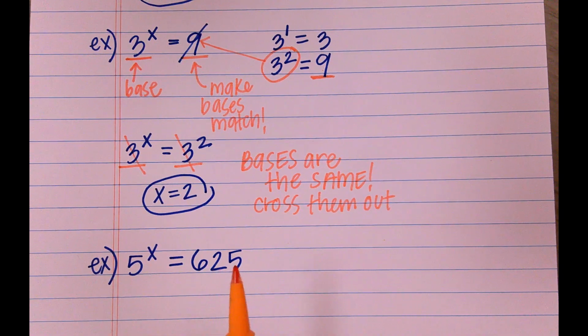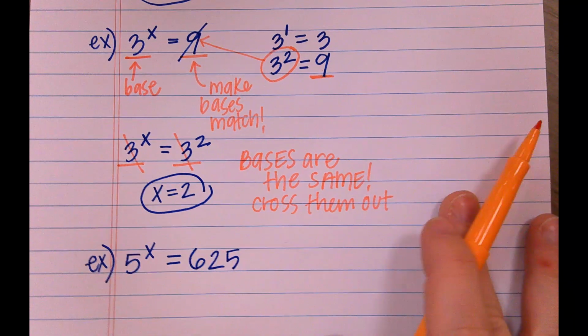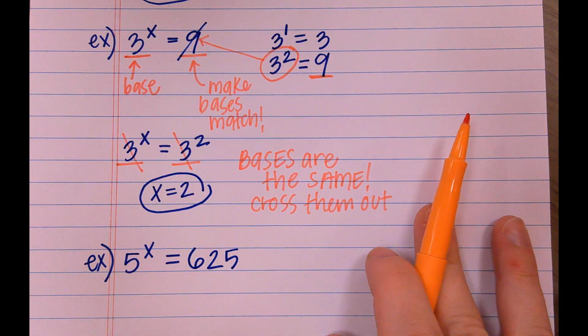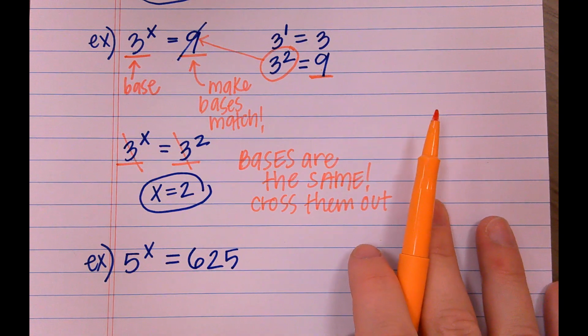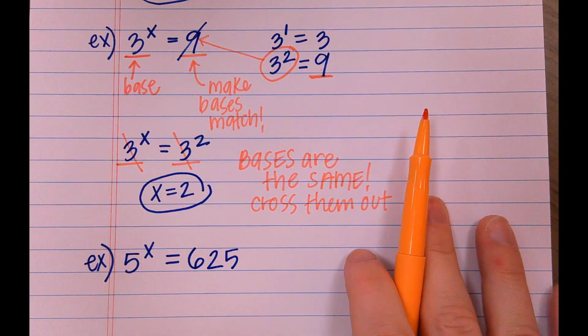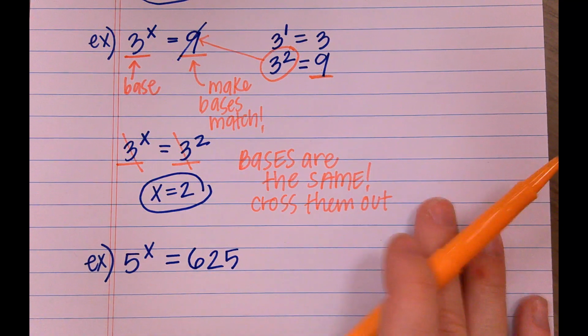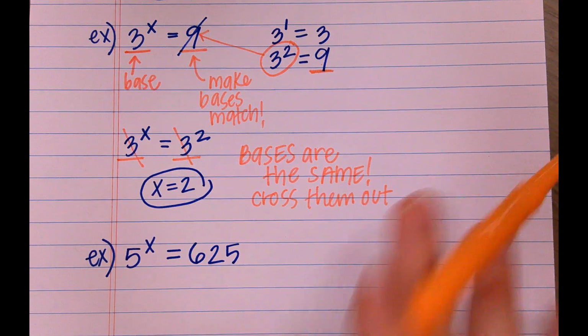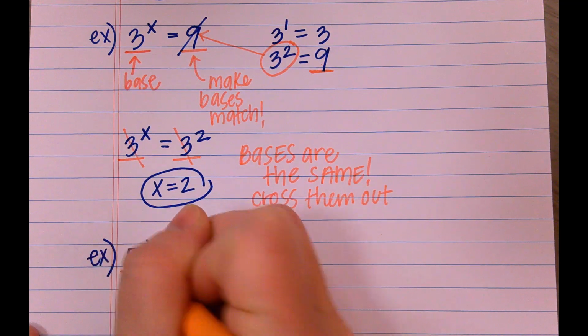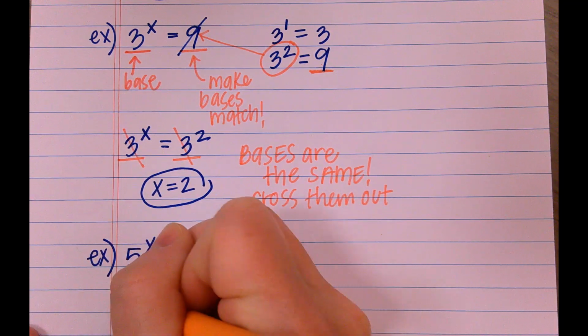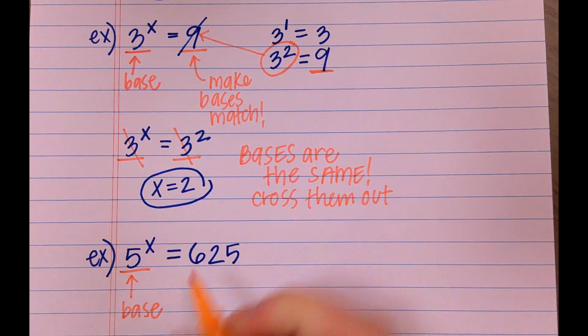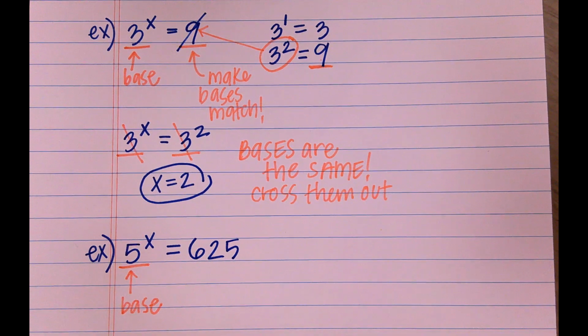So let's look at our previous problems and see what we did there. First, we looked at our bases. What's the base on the first side of my equation here? 5. My base is 5. What's the base on the other side? Does it match?